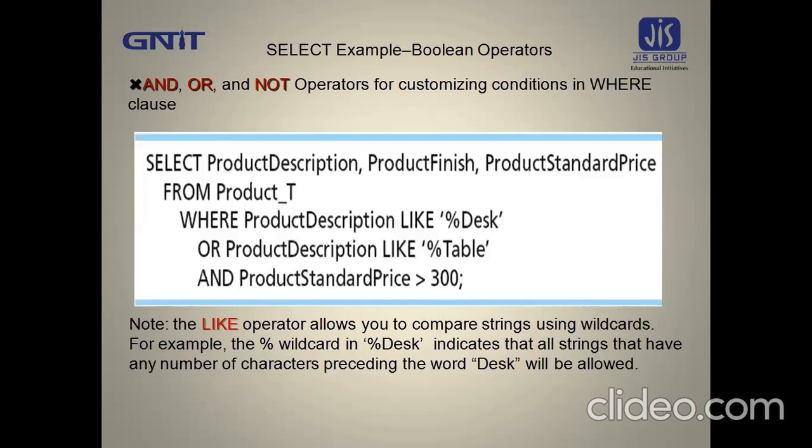So and, or, and not operators are used for customizing conditions in the where clause. These are all Boolean operations. Here we can see how the or and and operators are being used, and we are also getting the result.